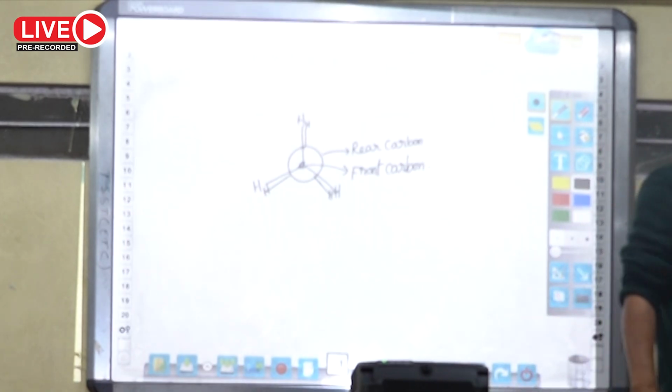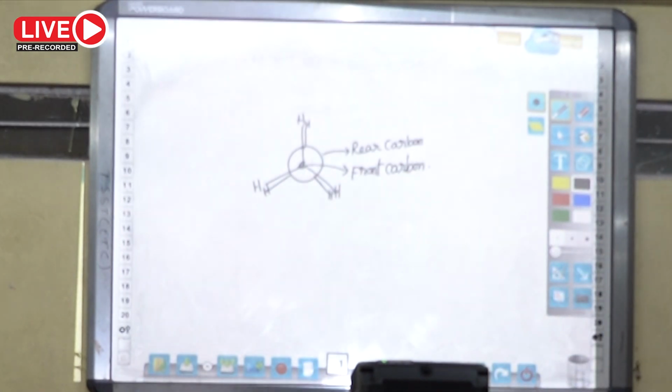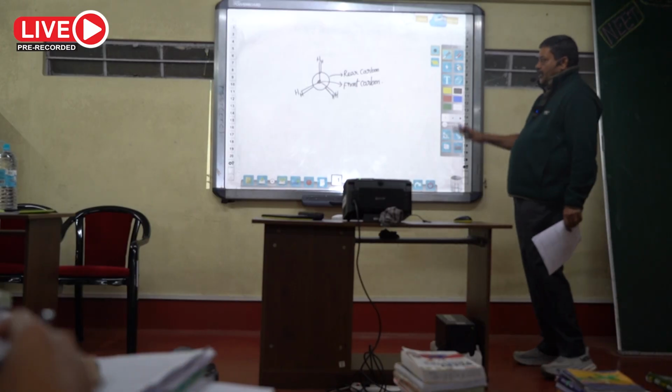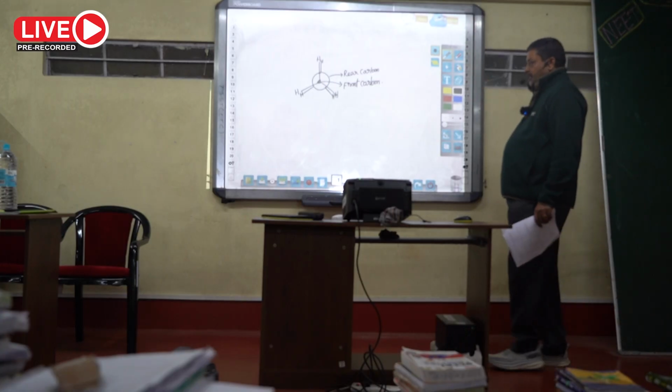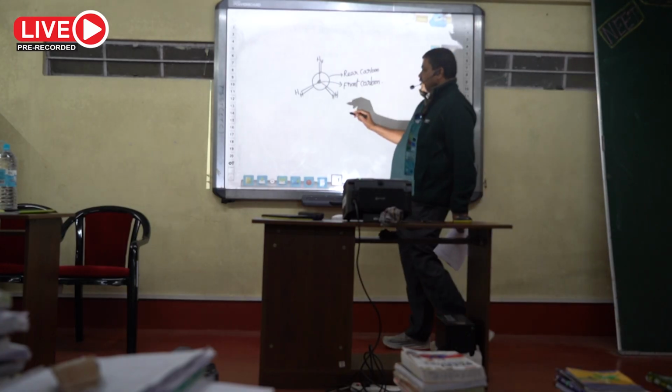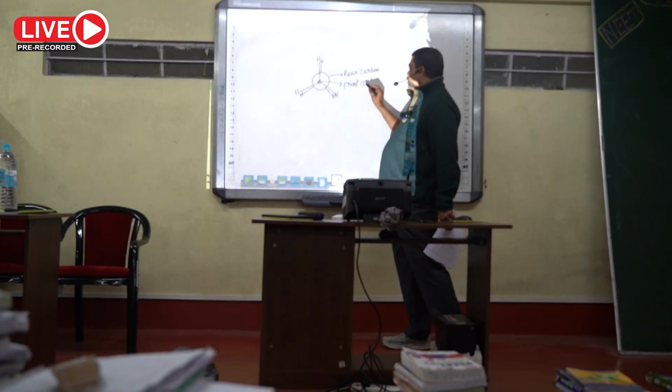If one hydrogen is behind the other, it is called eclipsed form. Now this eclipsed form has a dihedral angle of 0. The angle between the front plane and back plane is called dihedral angle. So here 0.